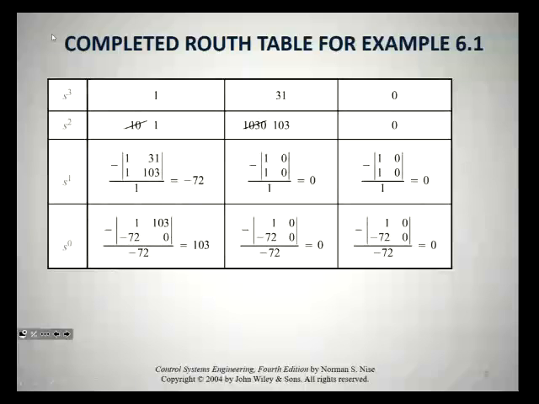Okay, then the key thing is, if there's no sign change in this column, the system's stable. And if there is a sign change, the system's unstable. So all this maths is only just to look at the signs in this column. Okay? Sorry. It's a lot of maths for a very simple check.